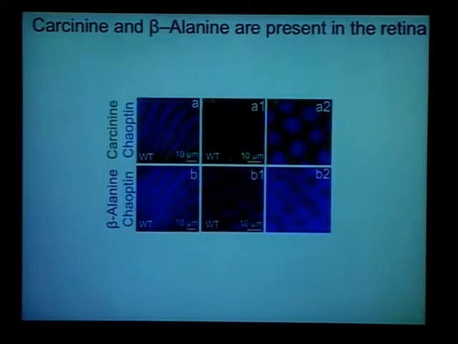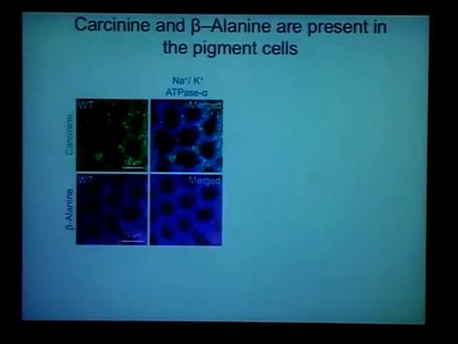To determine which type of cells they are in, we co-stained with ATPase alpha, which is present in the plasma membrane of the photoreceptors and the pigment cells that surround the photoreceptor cell body. Signal co-localizing with this marker is in the pigment cells, and signal not co-localizing with it is in the photoreceptor cell body.